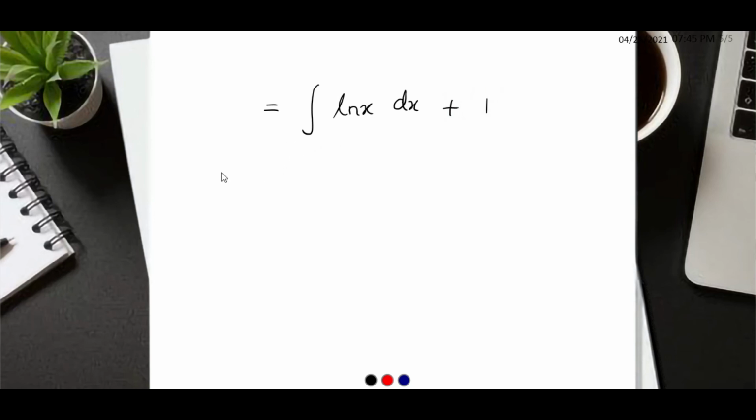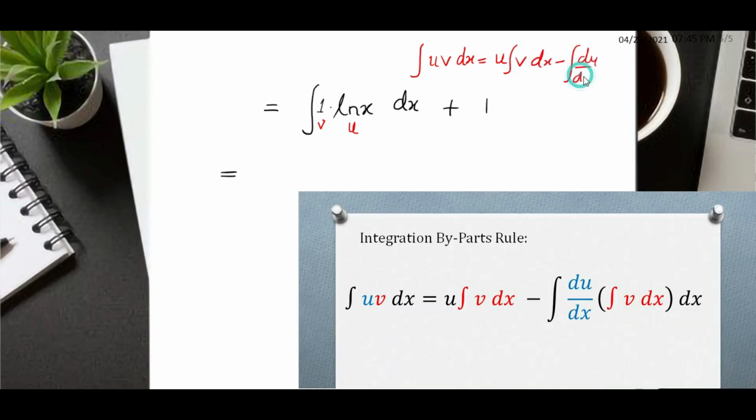And now we can integrate this log x using integration by parts. So assuming 1 here, make it this v and this is u, and the by parts rule says that integration of uv dx is equal to u times integral of v dx minus integral of du by dx times integral of v dx.